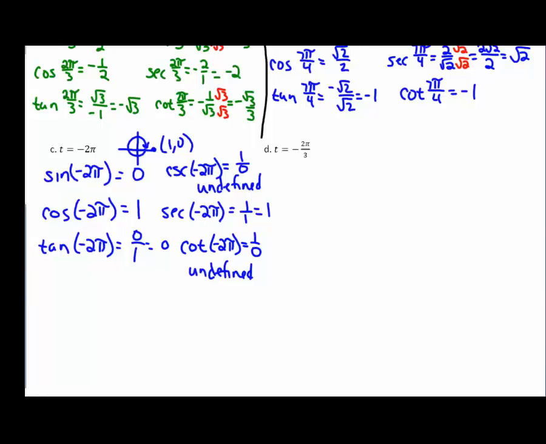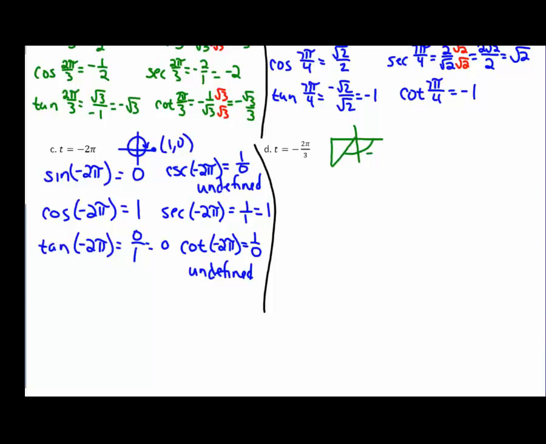All right, now let's take a look at the last part where our angle measure is negative 2 pi over 3. And I'm going to draw this angle. We need to go clockwise because it's a negative angle. And so we're going to go through one quadrant and into the next quadrant.